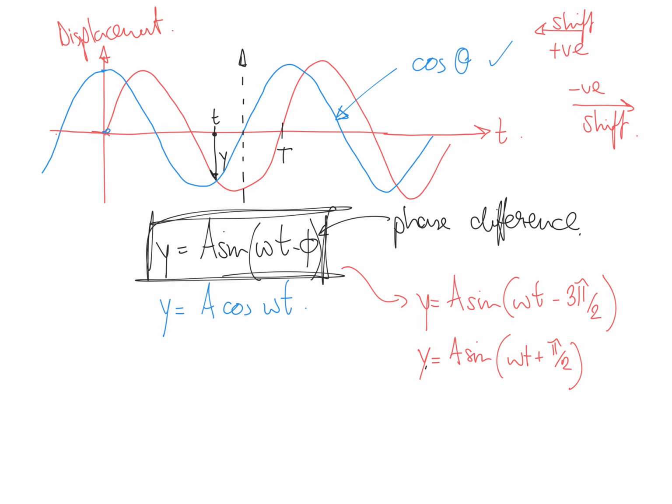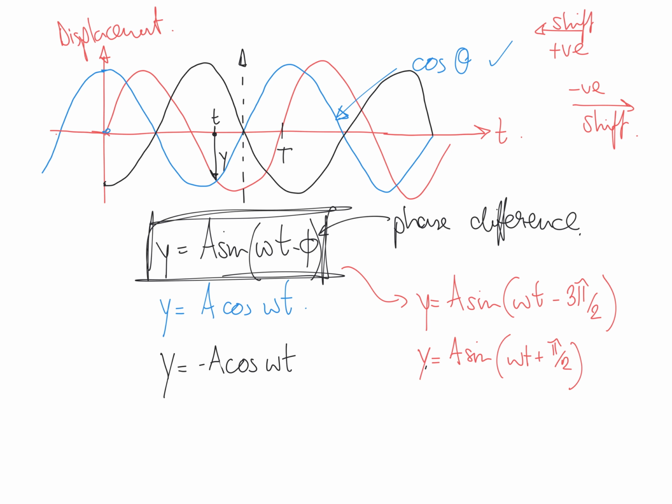Good, let's just try and add another one, just to make life really difficult. What happens if I went from here, same frequency, so now this is just the inverse of the blue. Well, what I could say is y equals minus a cos omega t.